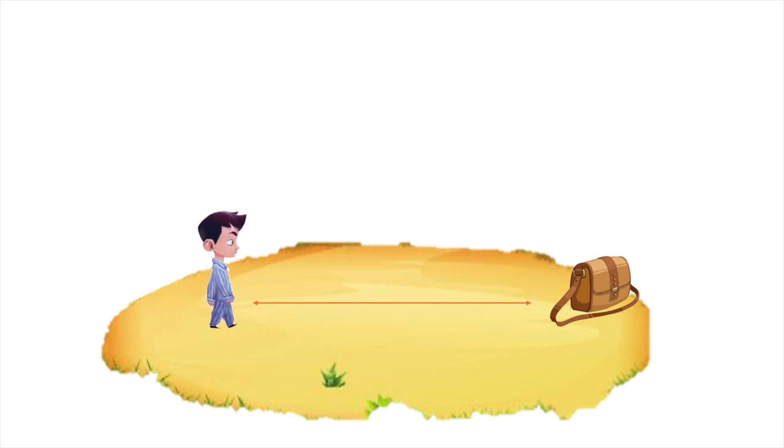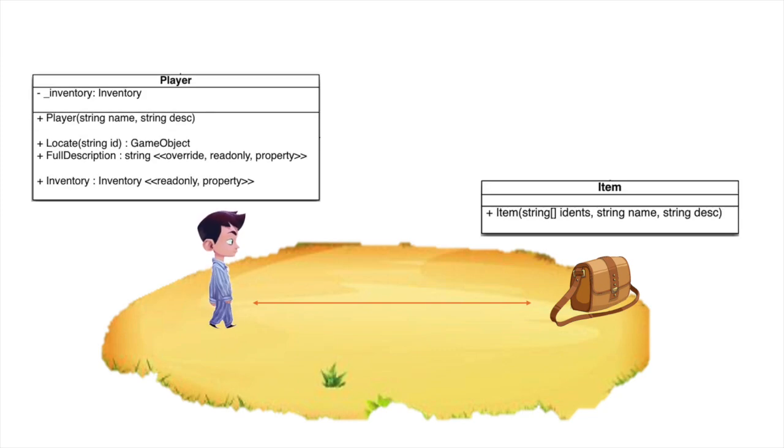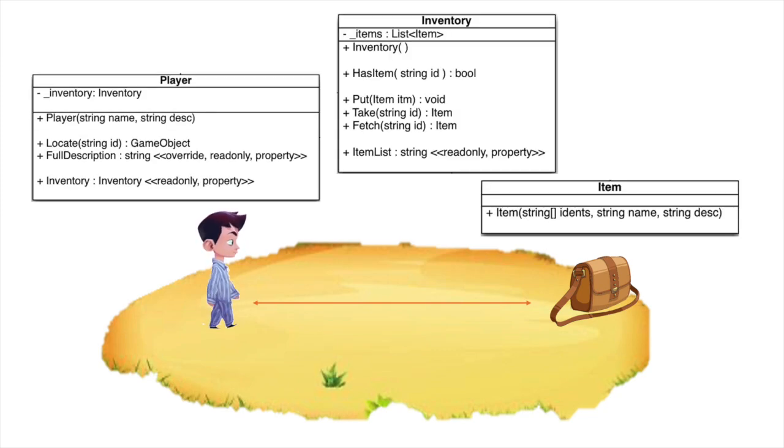And so each of them would carry roles and responsibility. The role of the player would be as the finder or the locator, and the role of the bag would be as the object being found.